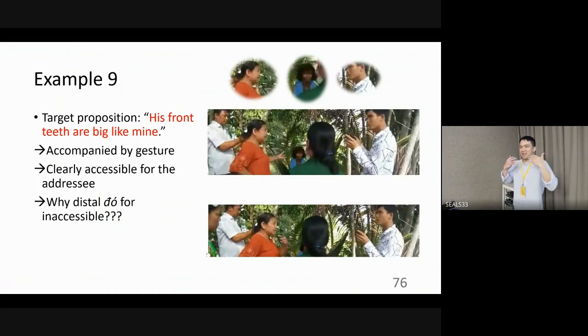This is illustrated by the gesture. The woman first pointed to the homeless man's teeth and then pointed to her own. So this proposition is clearly accessible to the addressee. Everyone can see it, even from the gestures. Why do we see this though? Đó, which is marked for inaccessible.